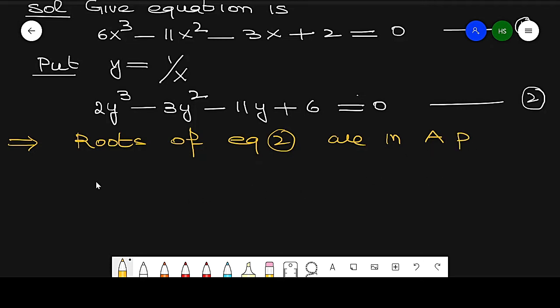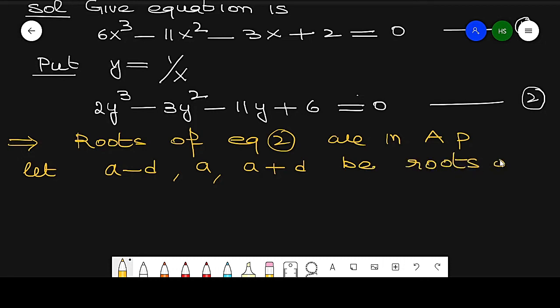So let its roots be a - d, a, and a + d. Remember that the roots of equation number 2 are a - d, a and a + d. So what is the sum of roots? This is 3a.